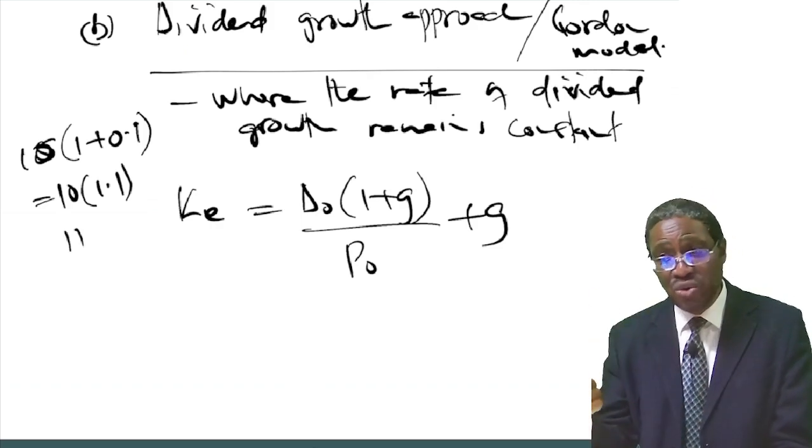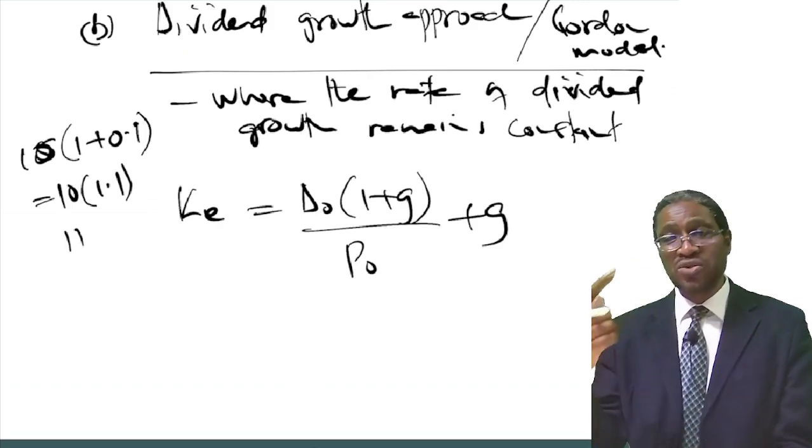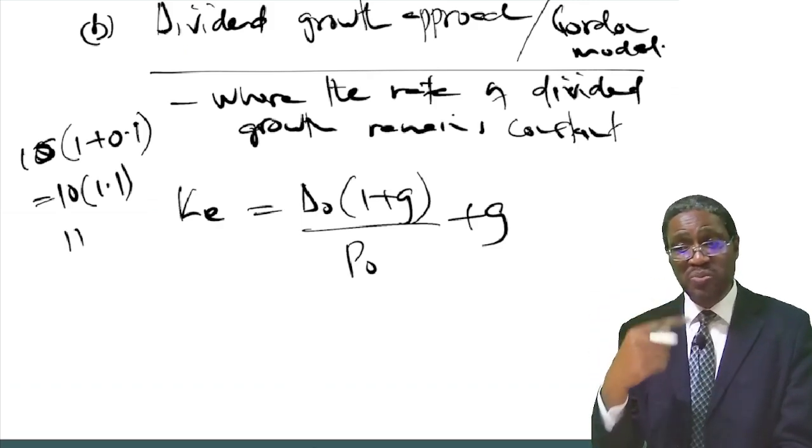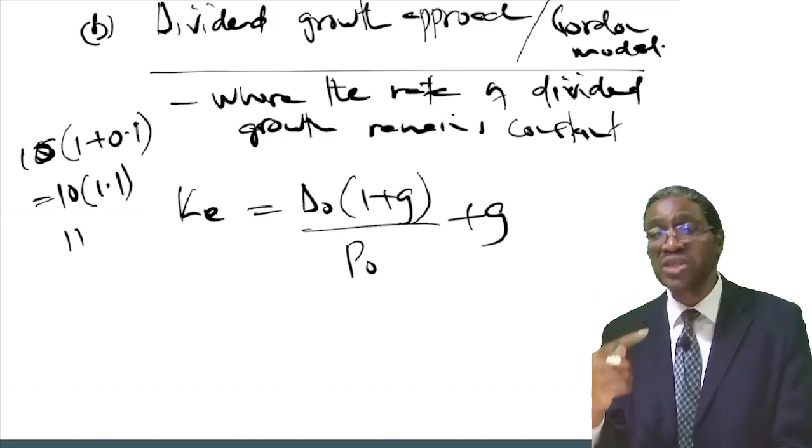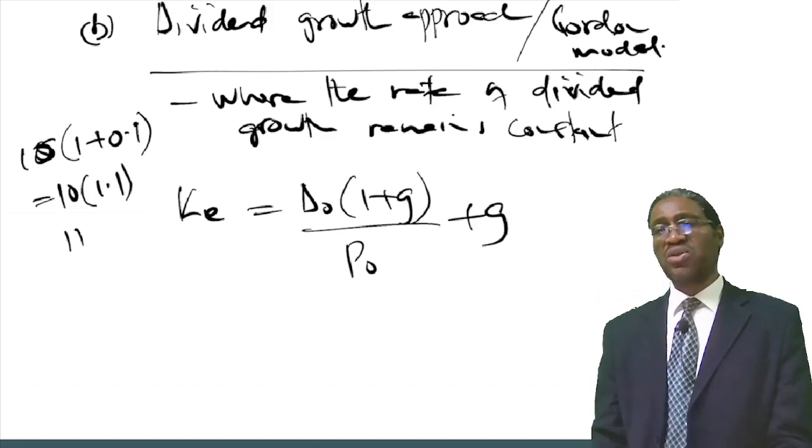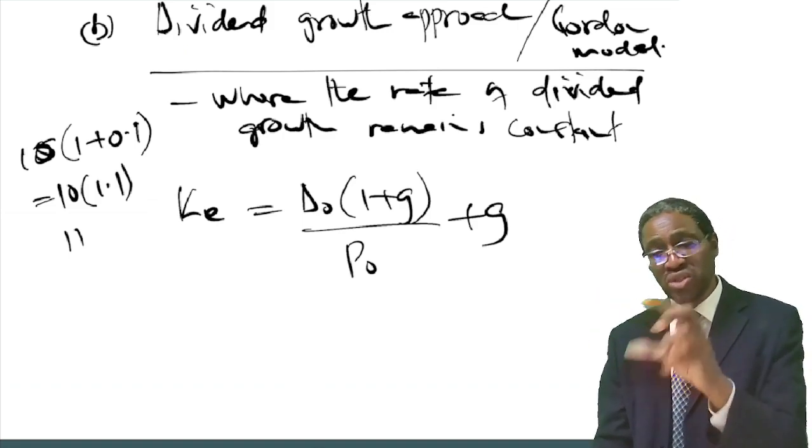The other year it will grow by another 10%. So where we expect the growth rate to be constant, we use this formula.